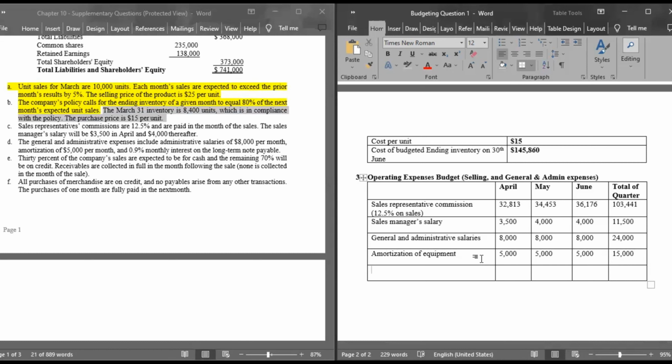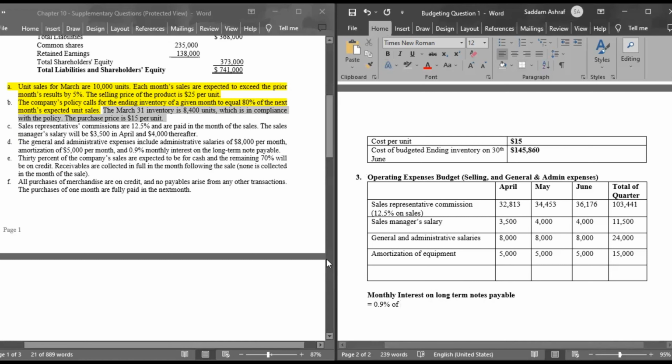Next, he is saying 0.9% monthly interest on the long-term notes payable. So we will make a working for it. We will write it down as monthly interest on long-term notes payable, and this monthly interest will be 0.9% of long-term notes payable.